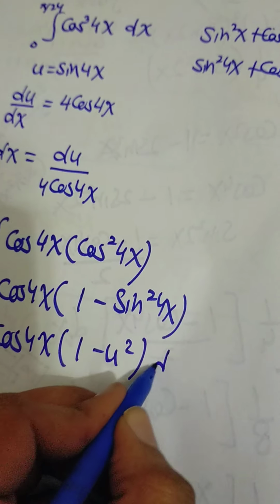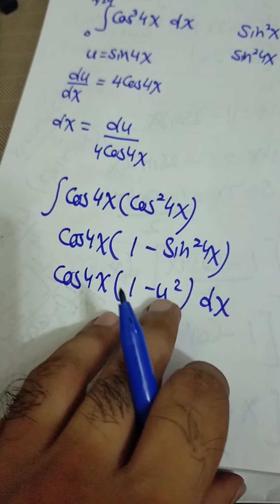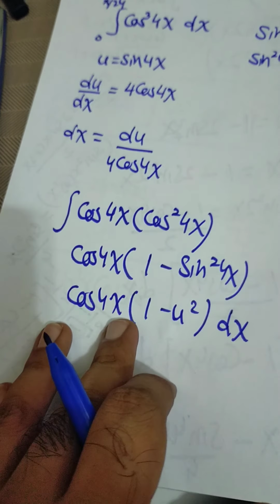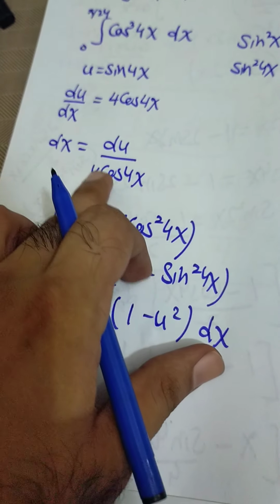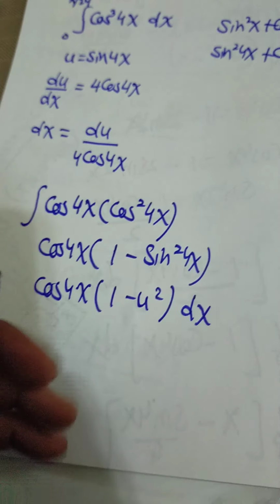Alright, so here you have this integral, but still the whole integral is not completely in terms of u, and as we have seen earlier, in place of dx we can write du over 4 cos 4x.